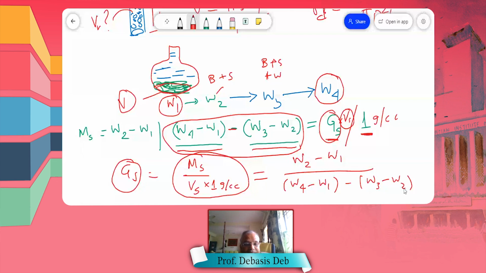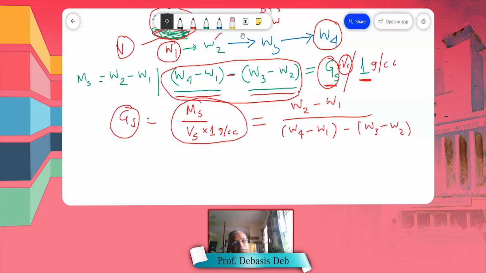Now, can anybody tell me what principle has been followed here? What law? To do this, we have used a law given by a famous person. Just the application of this law. Huh? Archimedes.